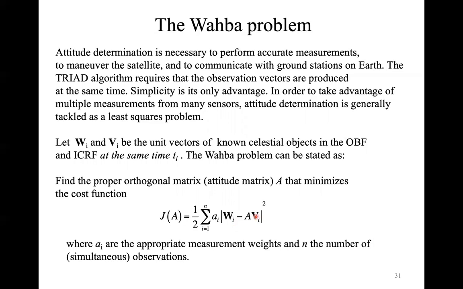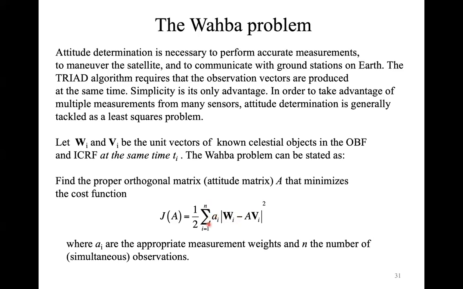If you use the triad problem, you can have similar results if you use i that goes from 1 to n. Let's ignore for now A1. If you do the sum of the squares of the errors between W and the attitude matrix times V, this sum of errors gives you your positive cost function.